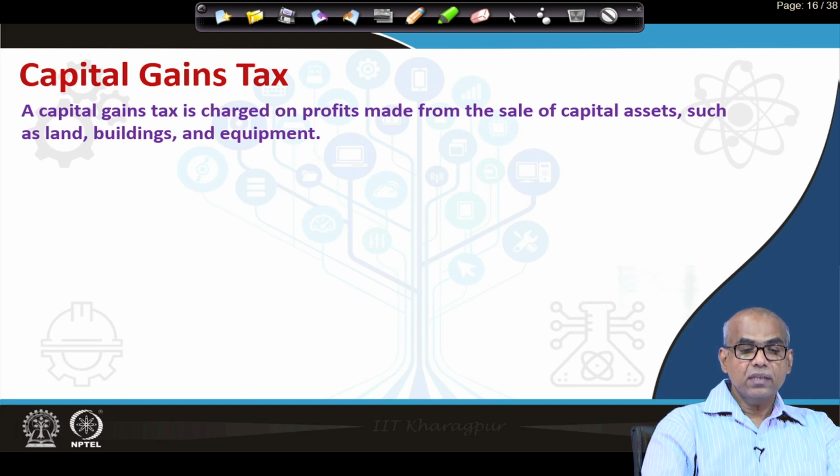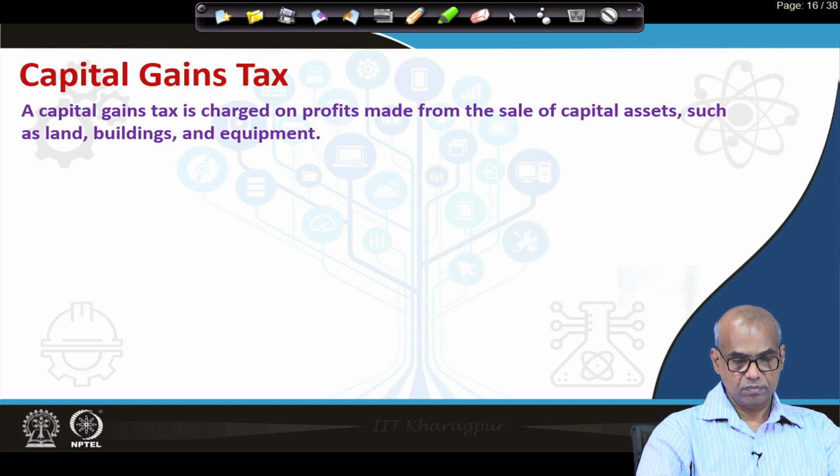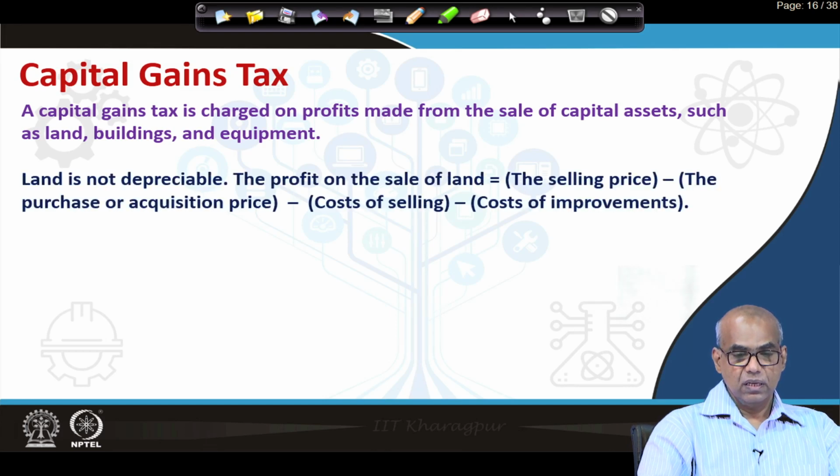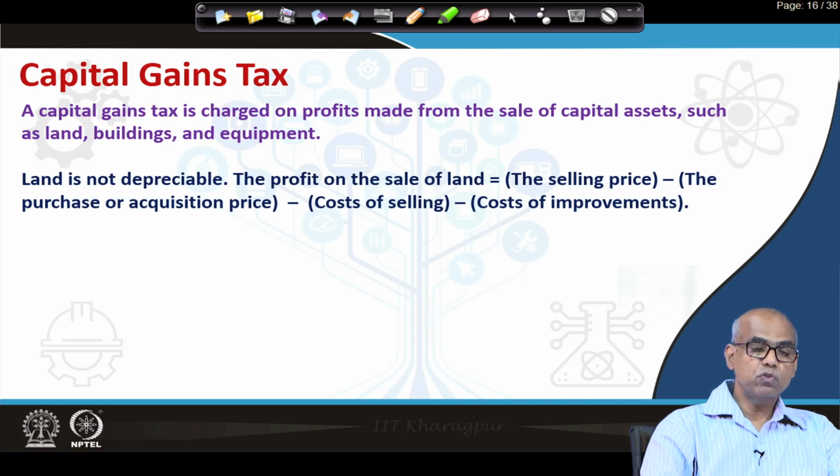Now, capital gains tax is charged on profits made from the sale of capital assets such as land, buildings and equipment. Land is not depreciable. That means you do not get a depreciation charge for land.